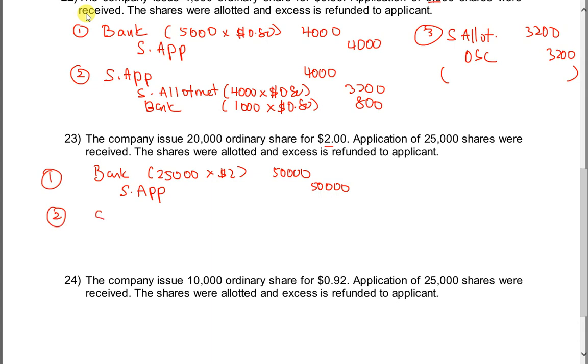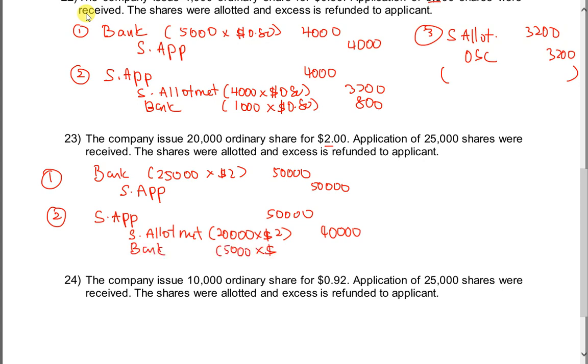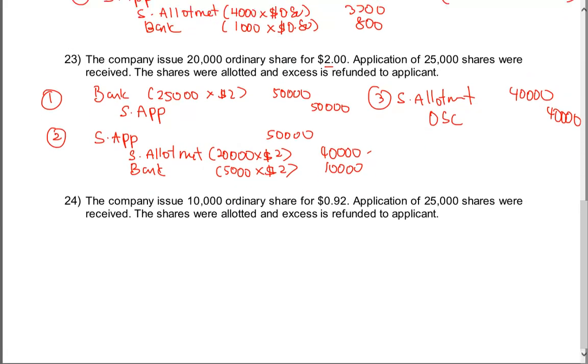Number 2, debit share application 50,000, allotted to the successful applicants 20,000 at $2, and refund the balance. Now the successful ones will be allotted: debit share allotment, credit ordinary share capital. Done. Okay, so 24 you can try.